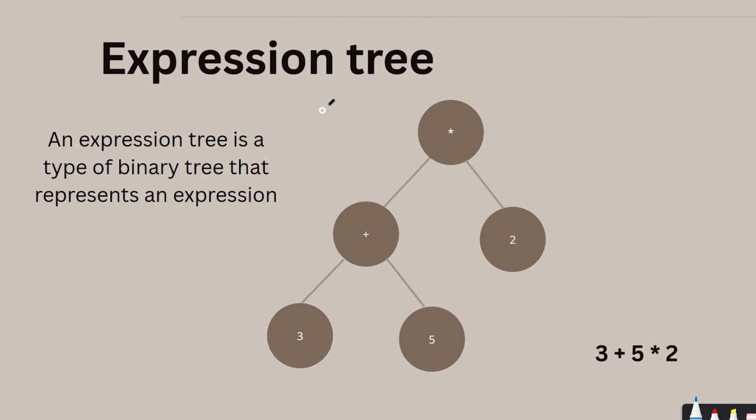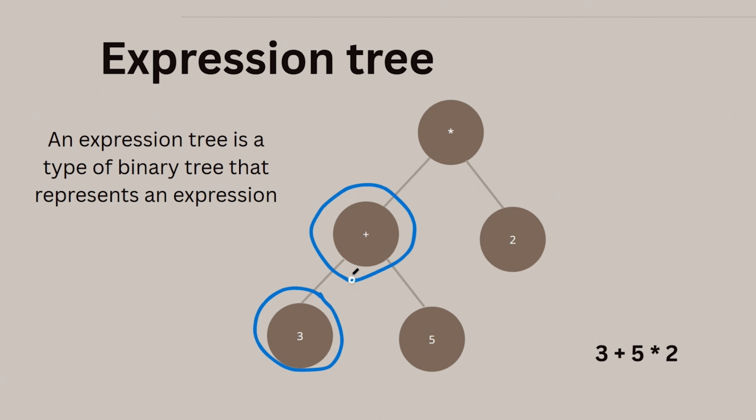As you can remember, in the in-order traversal, we first go left, then we go to the root, and then we go right. So here the leftmost node is 3. So 3 is left, and then we go to the root, so that will be plus, and then we go right, so that will be 5.